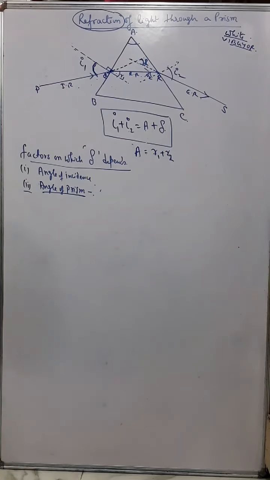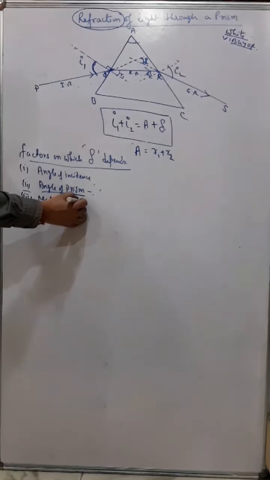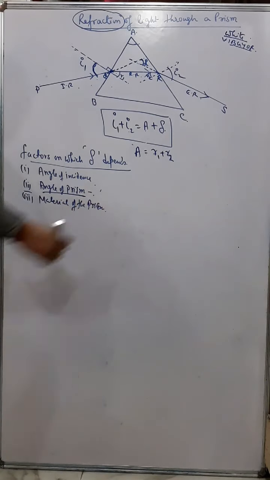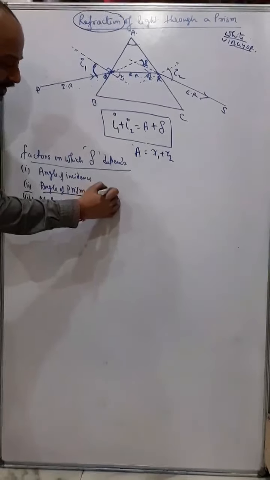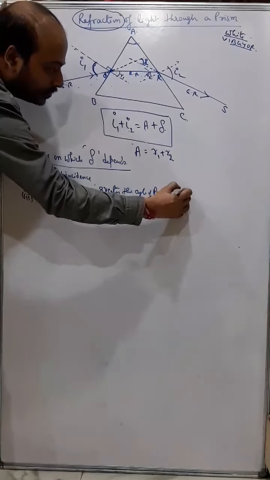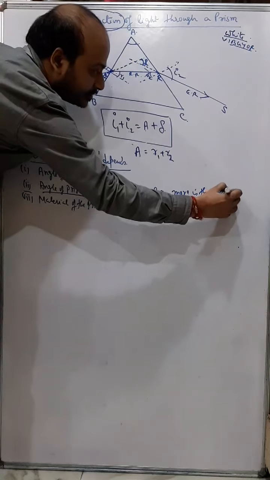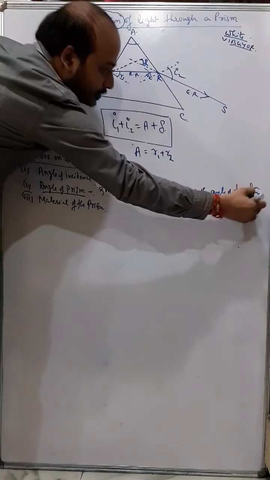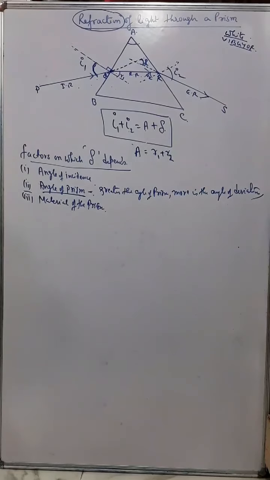So number 1 I am explaining later, but number 2, the angle of deviation depends upon the angle of prism, and as the angle of prism increases, the angle of deviation also increases. Okay.